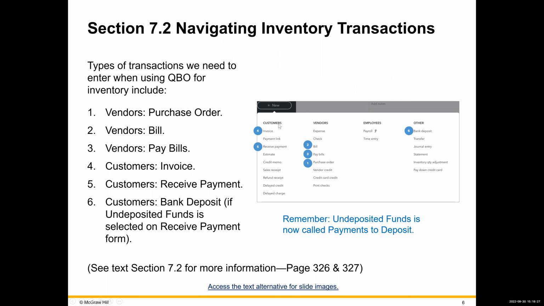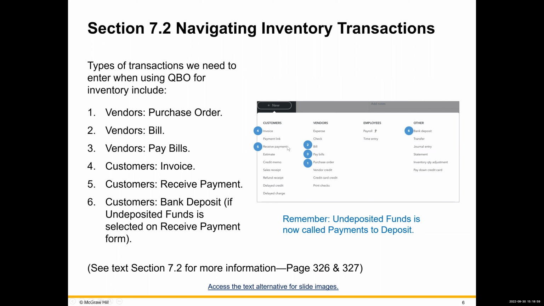On the customer side, the accounts receivable side, we're going to sell the merchandise inventory to our customer, and we're going to invoice them. That's going to generate accounts receivable because they're going to pay us later. Eventually, in say 30 days, we should receive payment from them. So we'll use the receive payment form to record that our customers did pay us that invoice.